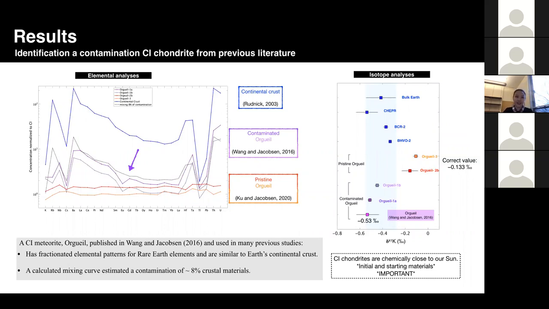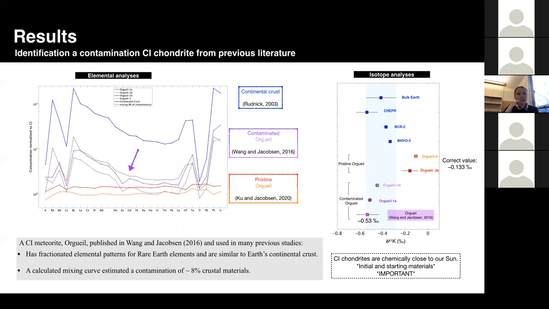You can see in the left figure that nearly 8% contamination from Earth's average continental crust is derived from the rare earth elements plus other minor elements. It is shown as the black dotted line. And it is very clear that the sample is contaminated and has an enrichment in the light rare earth elements.